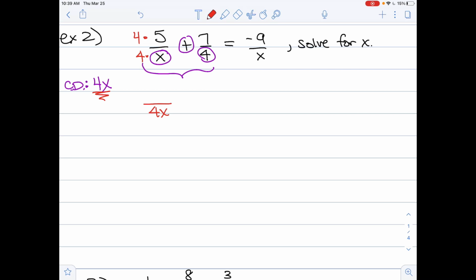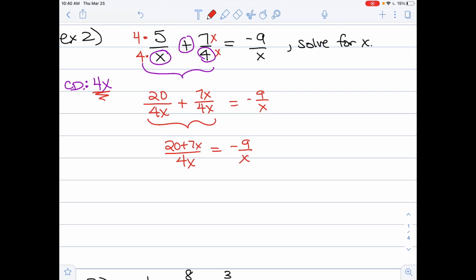And if I multiply the other fraction by x on the top and the bottom, the denominator will now be 4x as well. So I'm left with 4 times 5 is 20 in the top here, 7 times x is what we get. And if I combine these to one fraction, 20 plus 7x equals negative 9 over x.